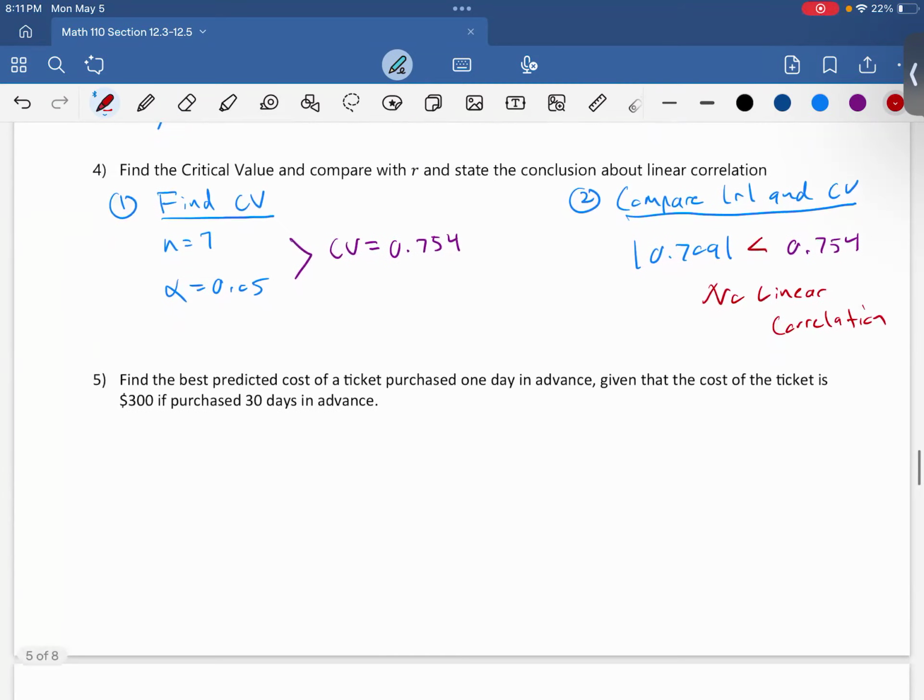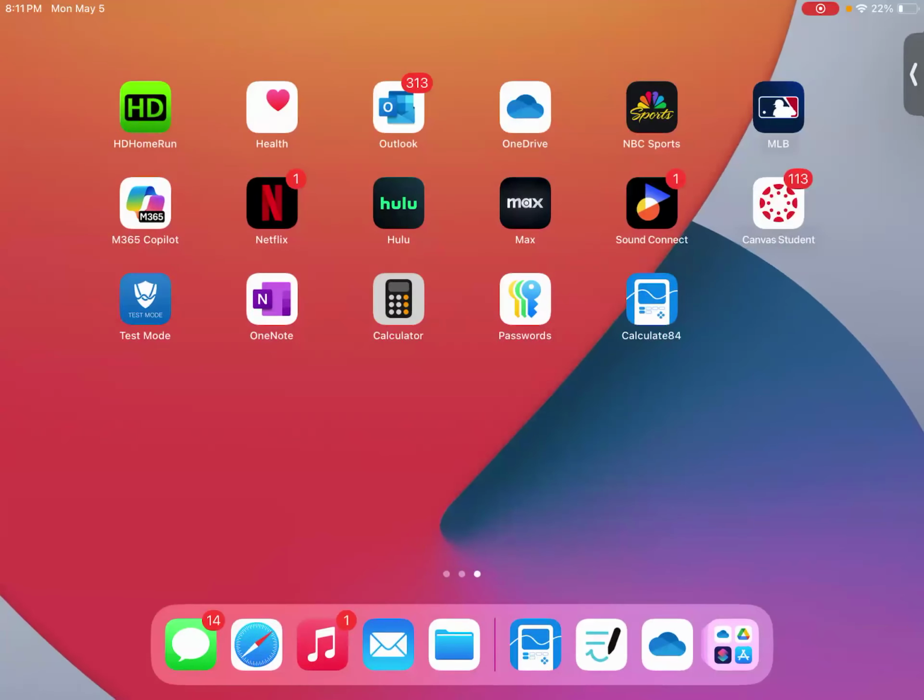So since there's no linear correlation, for step 5 that means we can't use the regression line. What that means is we have to take the mean of list two to get that prediction. So we have to go back to the calculator.